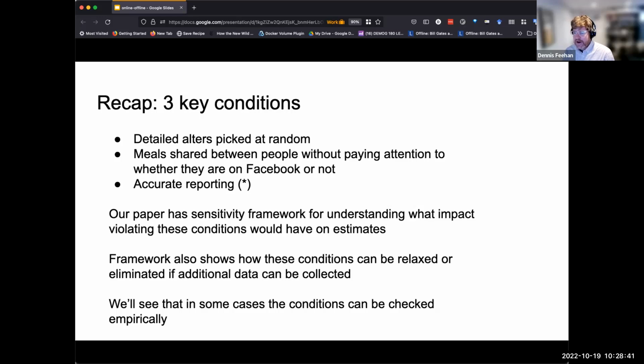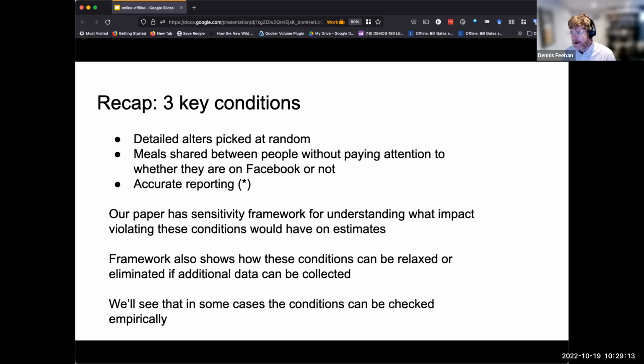I put an asterisk there because the paper has a sensitivity analysis that describes how different types of reporting errors would affect the estimates. And it turns out that a certain amount of inaccuracy is actually not a big problem for the estimator as long as it's not correlated with internet use or Facebook usage. In other words, systematic noise in the numerator and the denominator can cancel in a lot of situations, I guess is what I'm trying to say.